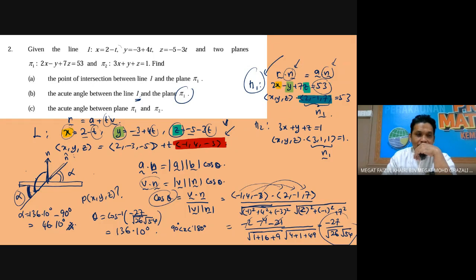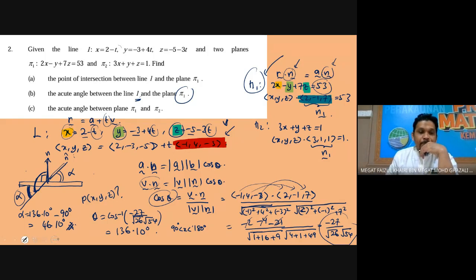So it is 136 minus 90 degrees. Okay, so this is the situation where you get the obtuse angle, so you need to subtract 90 degrees.